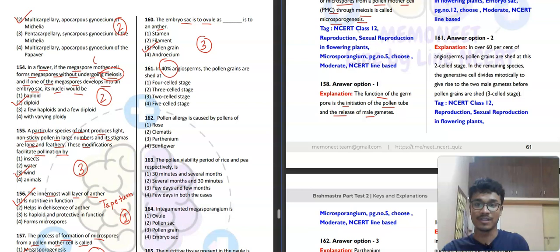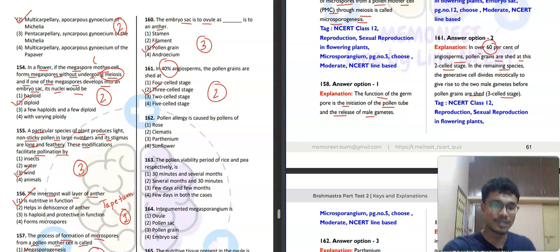So in 40% of the angiosperms, the pollen grains are shed at 3 celled stage. Second option will be our correct answer for this question. You can see that in 60% of the angiosperms, the pollen grains are shed at 2 cell stage. The remaining species, that means the 40%, will shed at 3 celled stage. So second option will be our correct answer.